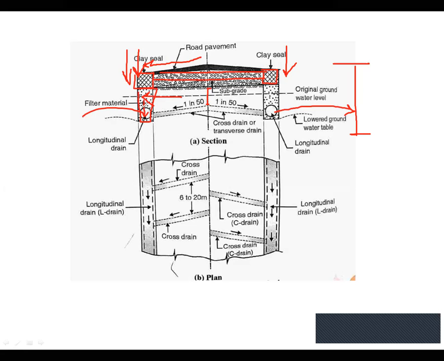This is known as a longitudinal drain or L drain. This kind of system, providing only a longitudinal drain, is sufficient for an area where there is not too much seepage or a high water table.